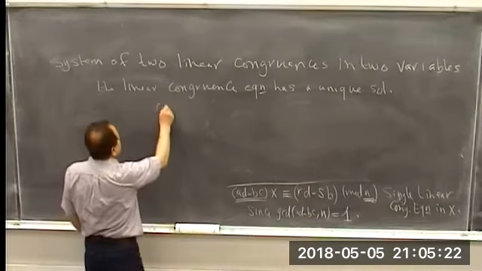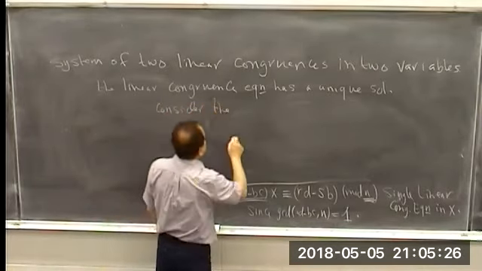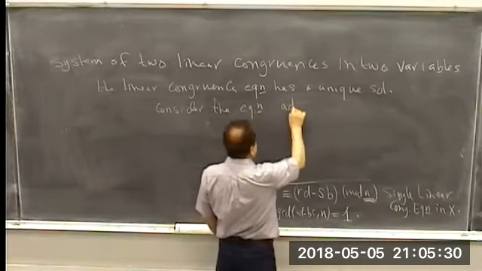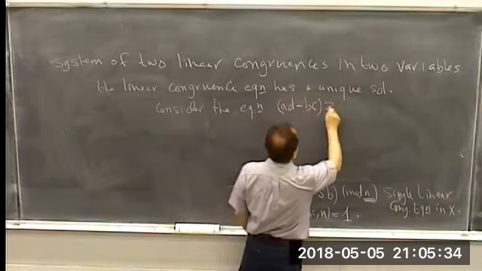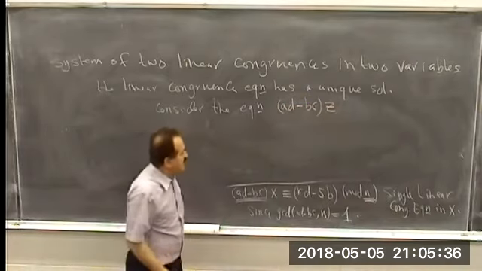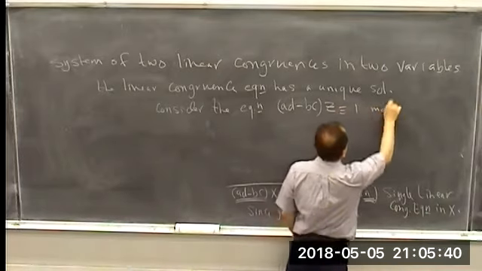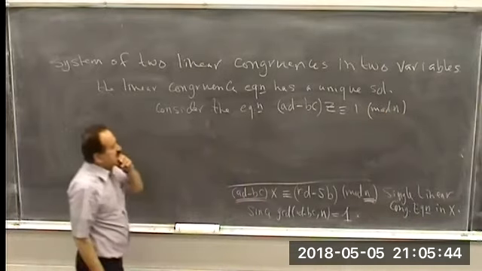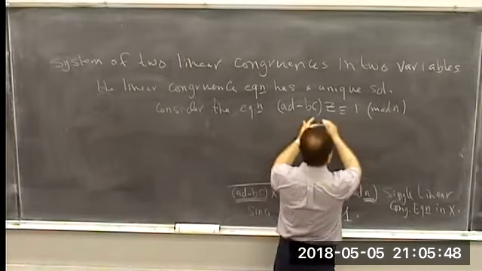So we're going to consider the equation, which is AD minus BC, I want to take a different variable, let me call it Z, is congruent to 1 mod N. And again, this actually does have a solution because the greatest common divisor.